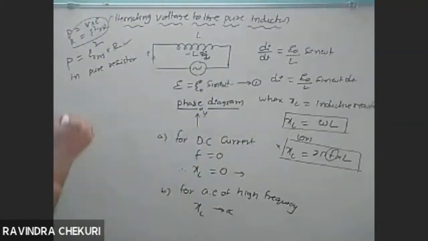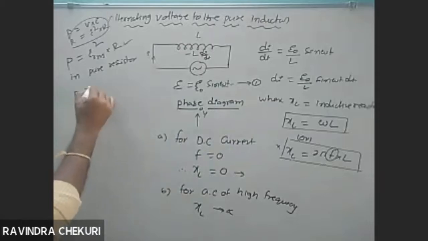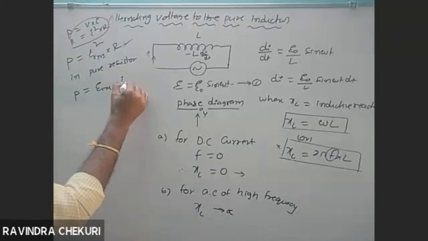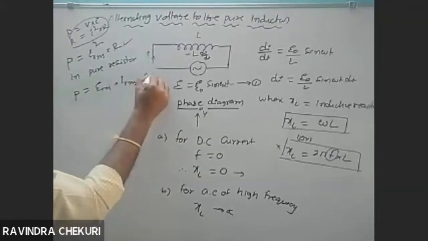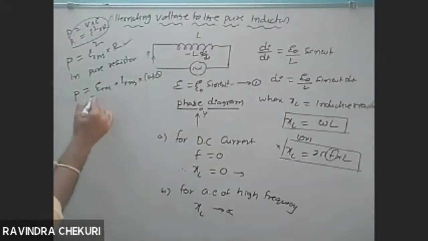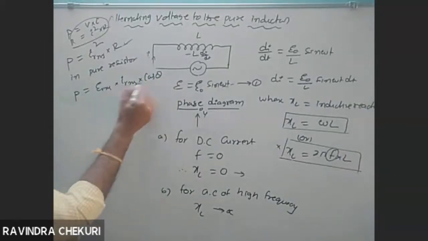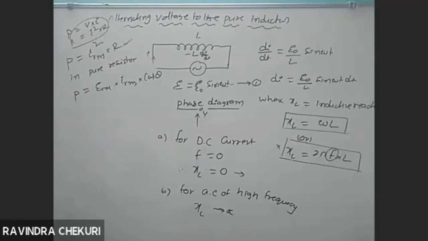P is equal to ERMS into IRMS into cos phi. What is the phase angle between ERMS and IRMS in the case of a pure resistor? It is 0, and cos 0 is 1.